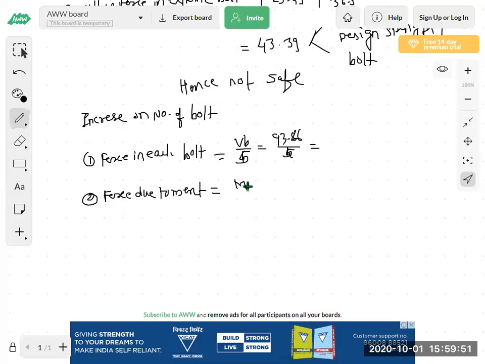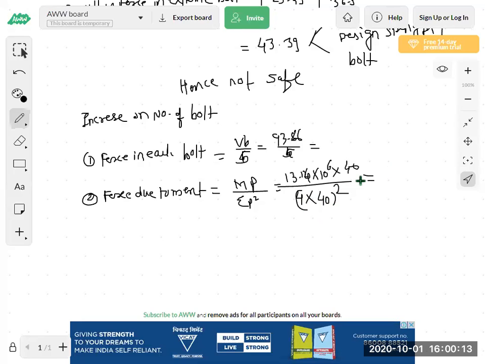Okay, now force due to movement. Now here m into p divided by summation p square. It means 13.14 into 10 raised 6 into 40 divided by here number of pitch. कारण 4 number of bolt वाढले की pitch वाढणार. So 40 square. How much this true distance?